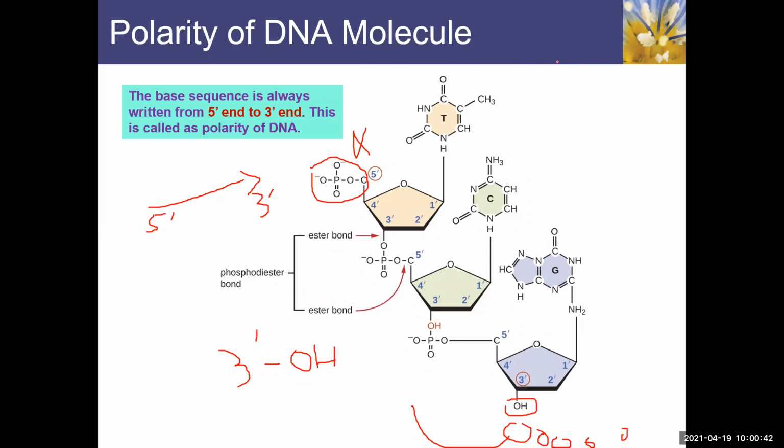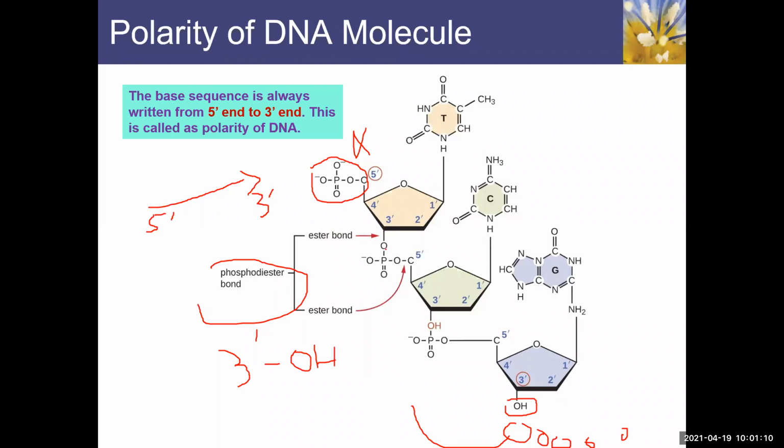It's clear in the diagram as well. It is the phosphodiester bond, right? What is the function of the phosphodiester bond? It's the bond which is present between the phosphate group and the sugar molecule. So phosphate group and sugar molecule form a phosphodiester bond.